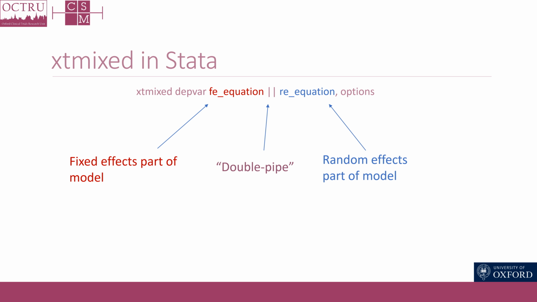And the way we specify this in the Stata software is by using the xtmixed command, which has two parts separated by a double pipe. In one part, we have to specify the fixed part of the model, and in our case, the fixed part of the model is the population average, or the intercept, and the random part of the model that specifies the variance components, the level 1 and the level 2 variances.